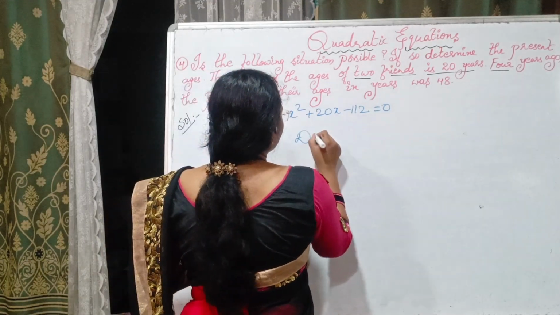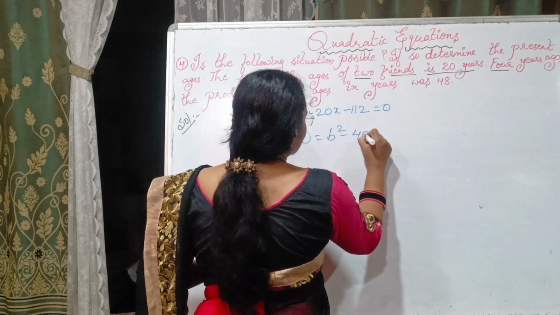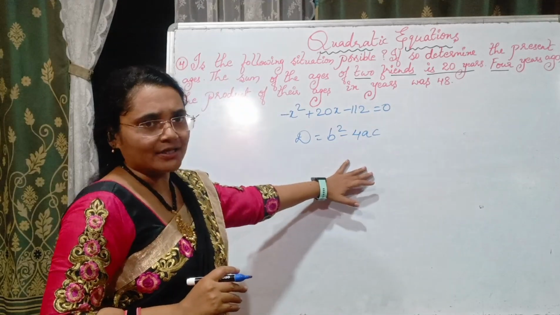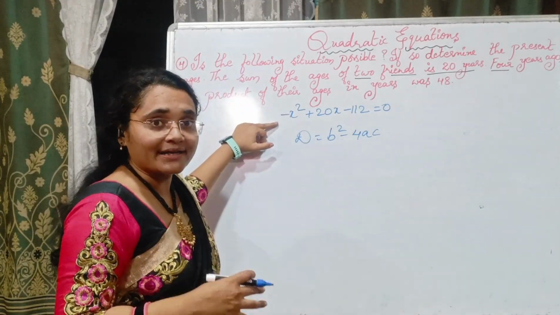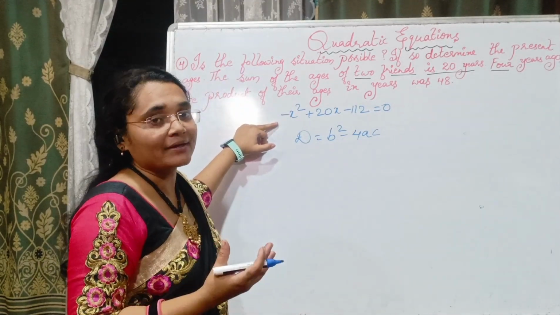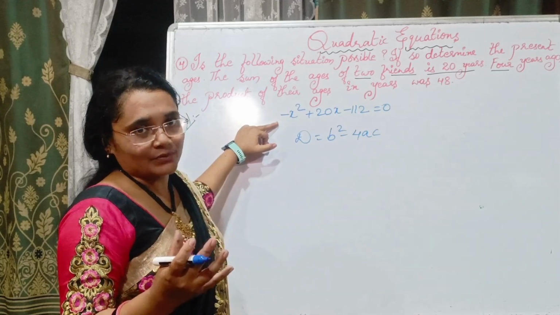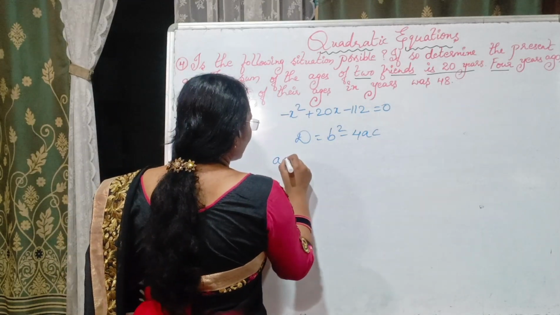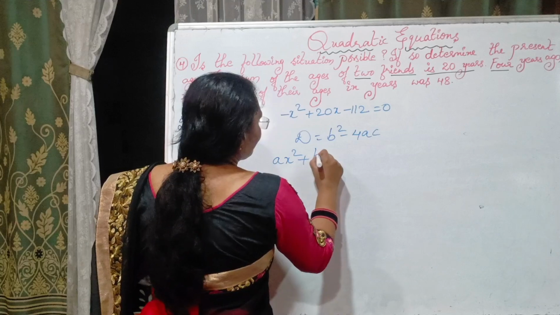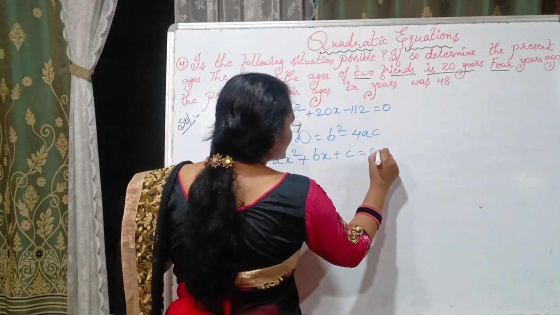So what is the discriminant? b square minus 4ac. To get the values of a, b, c, we have to compare the given quadratic equation with the standard quadratic equation. What is our standard quadratic equation? ax square plus bx plus c is equal to 0.